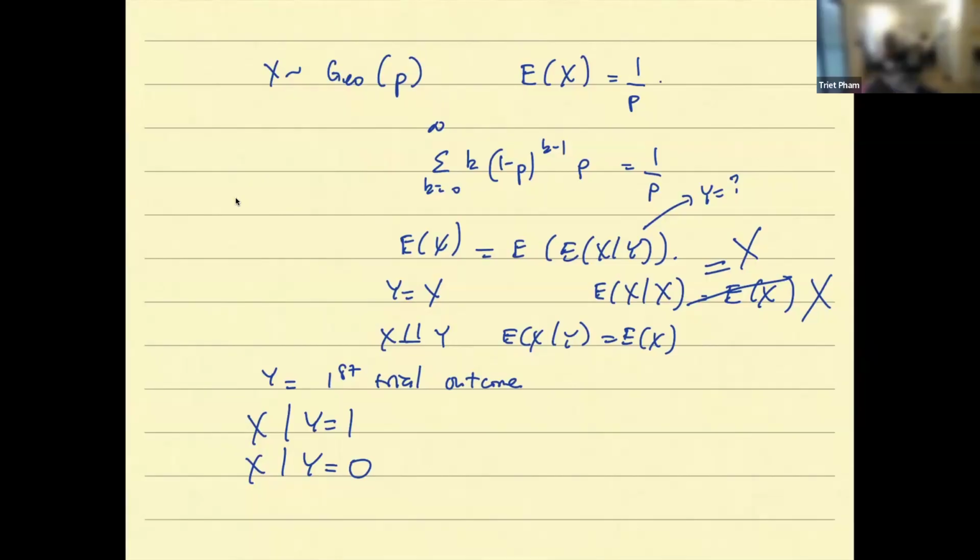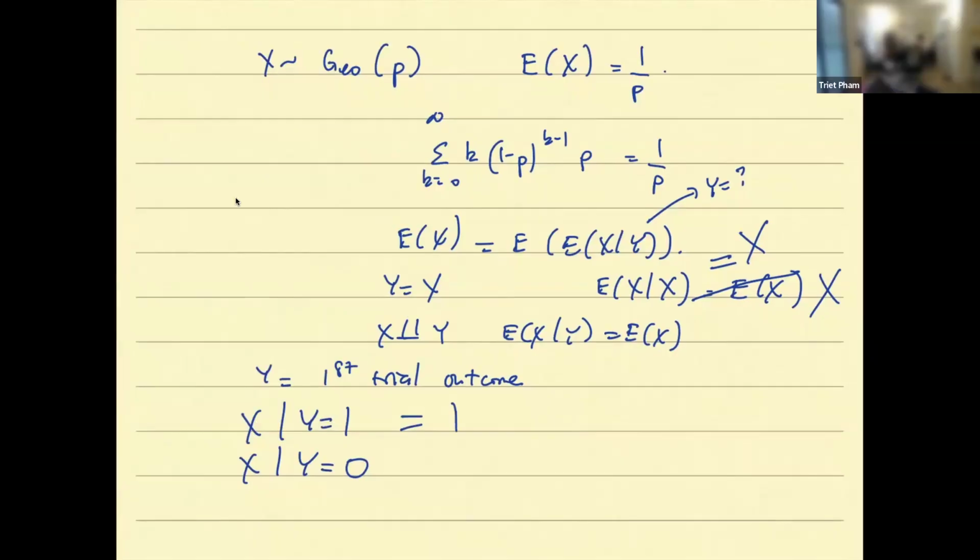The answer is it's just a big fat 1, because the first trial is a success, so it takes exactly one trial to get to success.